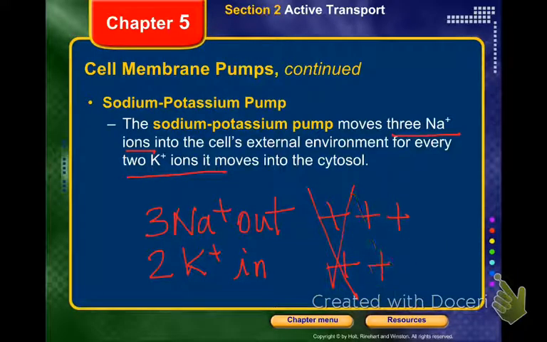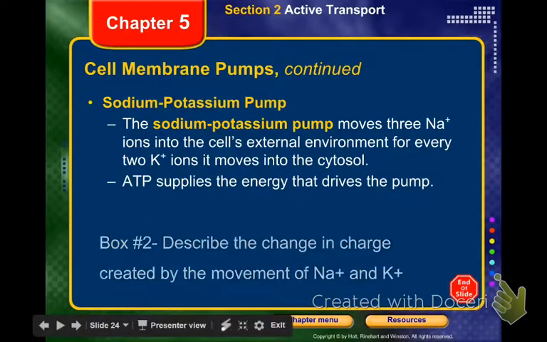Maybe if I take my X's away. There's your membrane. Which way would they want to move through passive transport? In, right? If you always have more positive charge outside than inside, a natural movement would be going in. But that's not what happens. This is an active transport process. Okay?